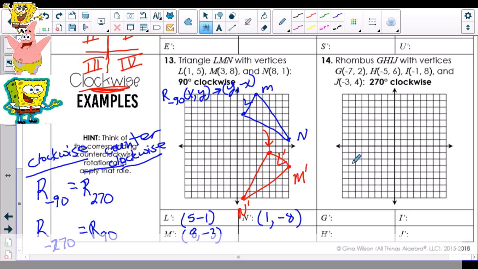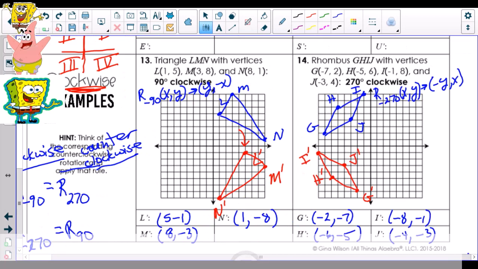Okay, so I want you to pause the video and try number 14 on your own, and then you can come back and see how you did. Okay, so hopefully you had a chance to get that done. You should have used this rule. Remember, negative 270 would use the same rule as R90.